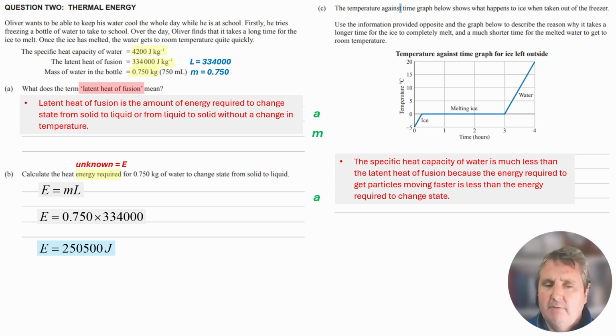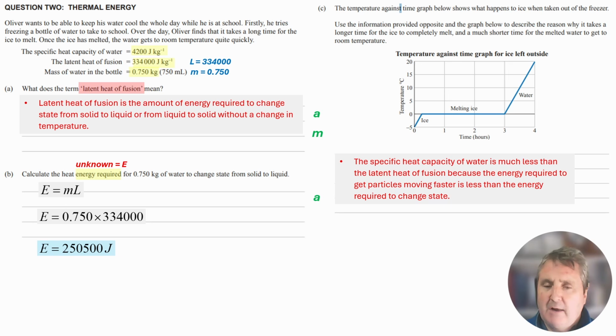So even if we raised it 100 degrees Celsius, we would still only get to, what would that be? 100 times this would be 420,000. Yeah, so that'd be similar. So the specific heat capacity of water is much less than the latent heat of fusion because the energy required to get particles moving faster is less than the energy required to change the state. Yeah, so it takes more energy to change the state than to change the temperature from 0 to 20.